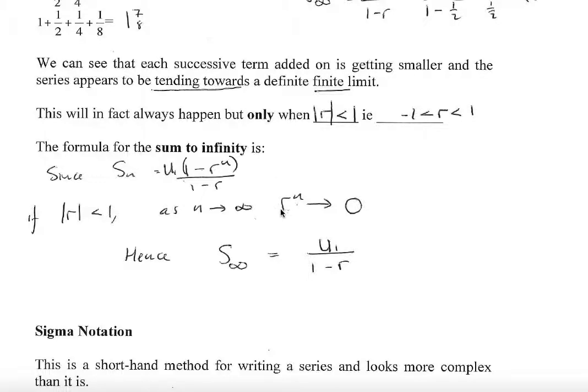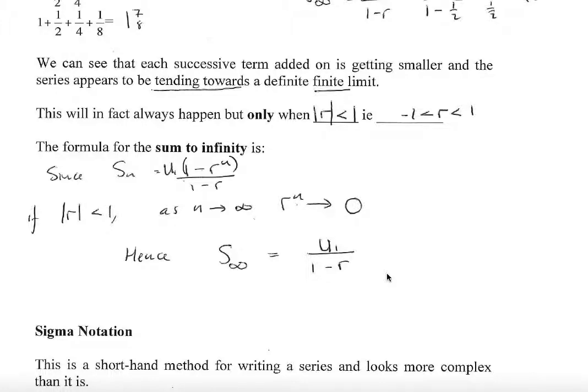So even if r was really close to 1, if r was 0.99, if I did 0.99 times 0.99 times 0.99 times 0.99 an infinite number of times, eventually that result is getting smaller and smaller and tending towards 0. So because this term in the formula tends towards 0, all we're left with on the top is u1 times 1, so u1, and on the bottom 1 minus r. So that's where this formula comes from.